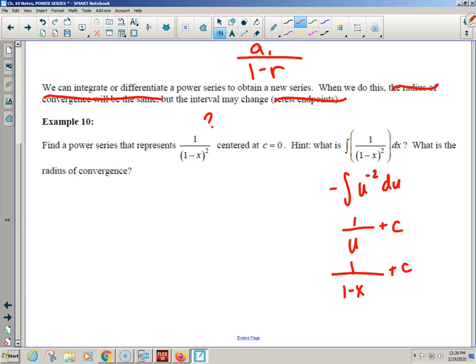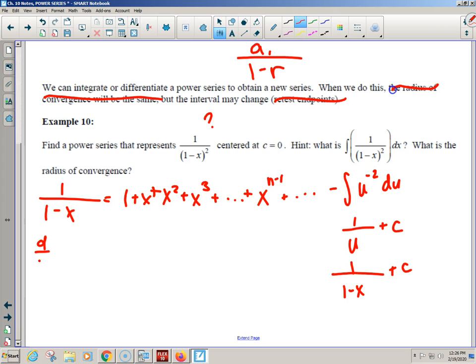How is that a hint? But I need that. If this is the antiderivative of this, how could I get that? Not by plugging in to make it look more, but by instead remembering who this guy is, and then saying, I'm just going to take his derivative.